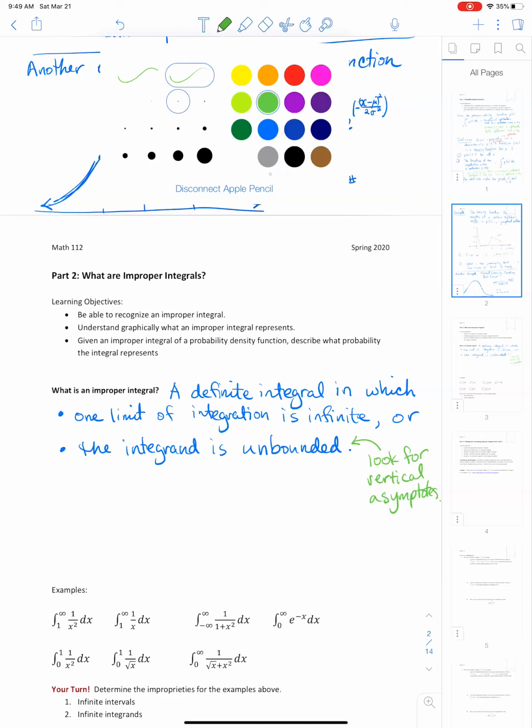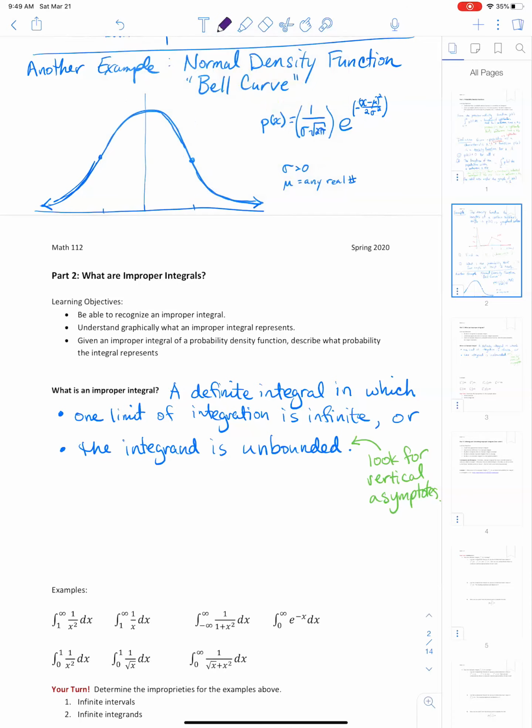Okay, so let me just give you a couple cartoons. I think that these are useful in being able to recognize graphically when you might be interested in an improper integral. And so a couple examples we've seen include the density function from the preview activity.